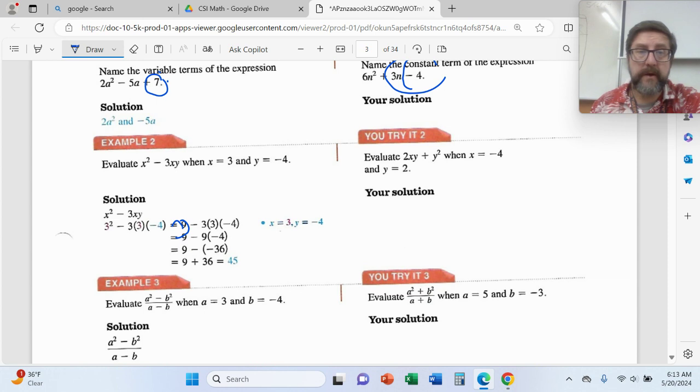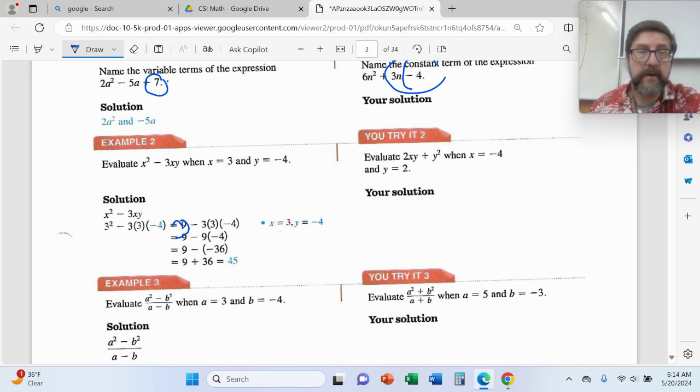So that's 3 times 3, which would be 9, times -4, which should be negative 36.